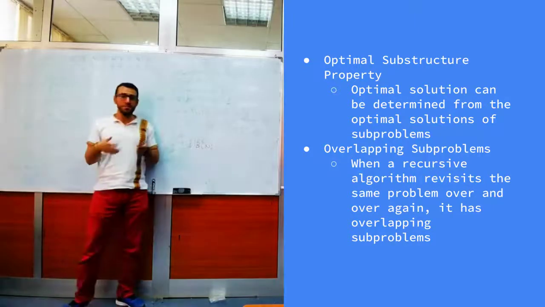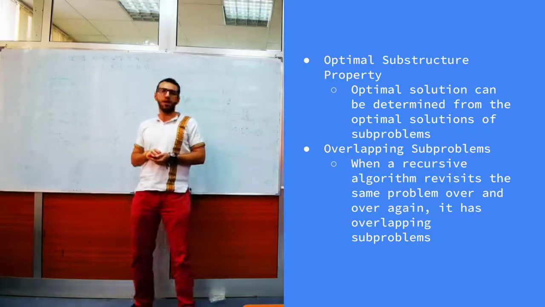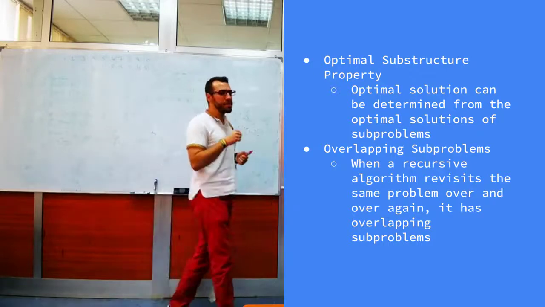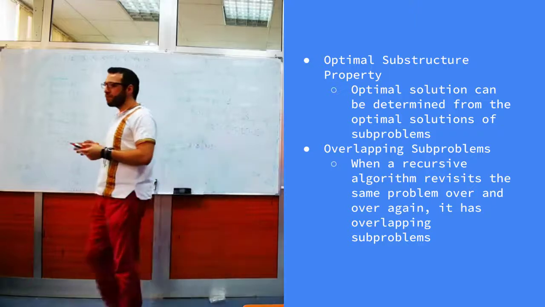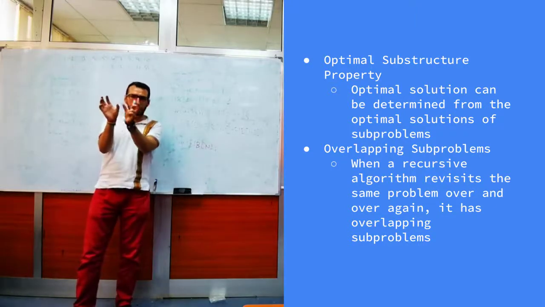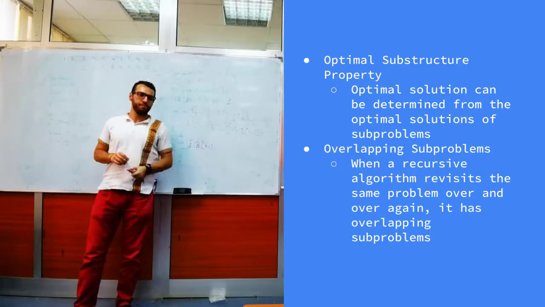For greedy problems, we also needed optimal substructure property, as in the case of dynamic programming. And what was it? Let's remember that optimal solution can be determined from the optimal solutions of subproblems. Meaning, if a solution is optimal, its sub-solutions must be optimal for corresponding smaller problems.